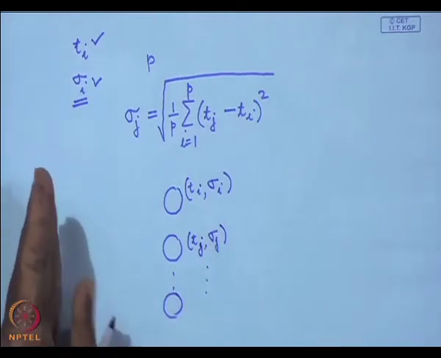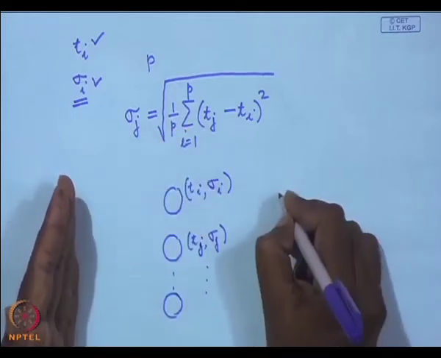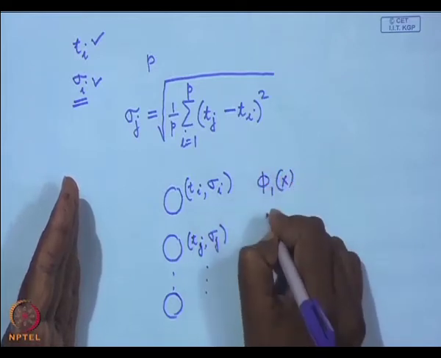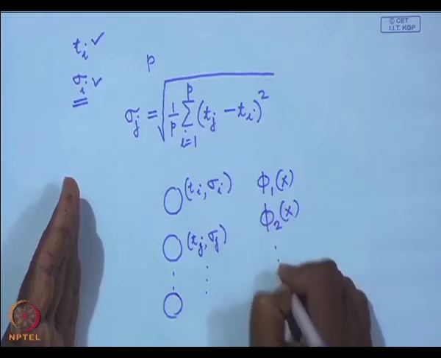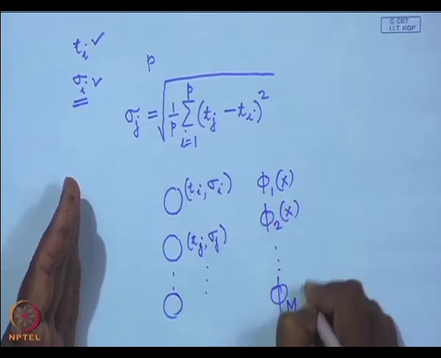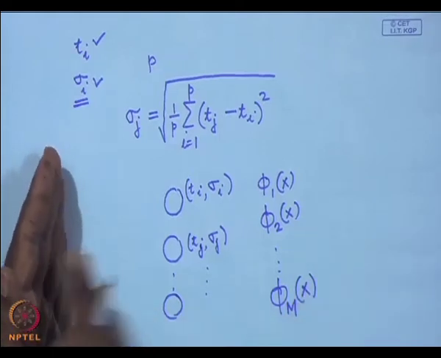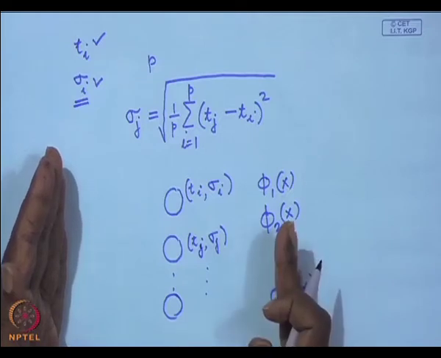So, now if I feed any feature vector x to this, I have the corresponding phi 1 of x, I have the corresponding phi 2 of x, I have the corresponding phi m of x. So, the original feature vector x is now converted to an m dimensional feature vector.